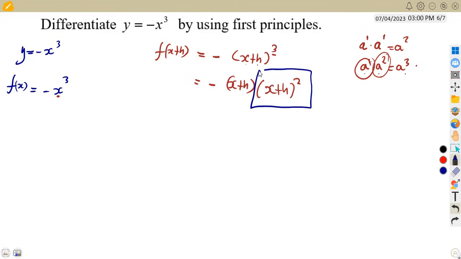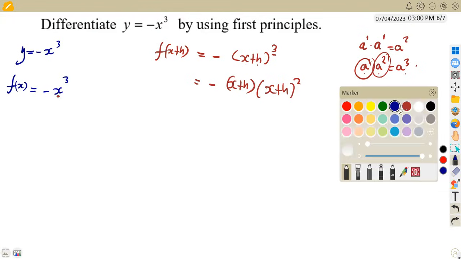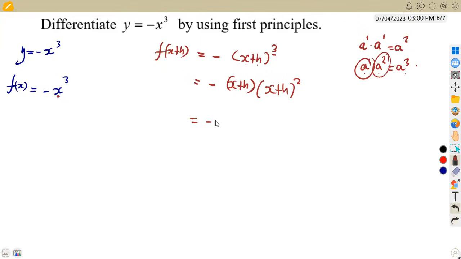Because we talked about the identity. Remember that I talked about this can be taken from minus x plus h into this one, taken from our identity, we got x squared plus 2xh plus h squared. So instead of you wasting your time, that is the advantage of having it this way.